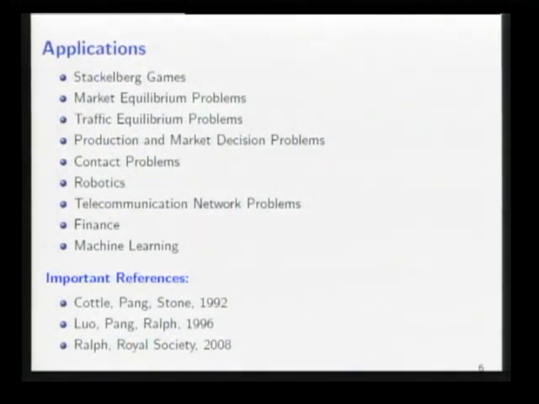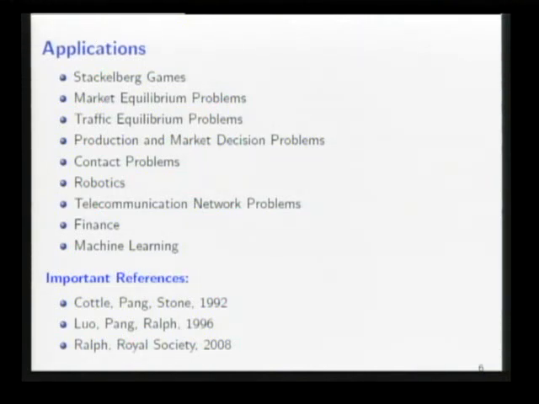All these problems have just been formulated as pure MPLCCs, like games, market equilibrium problems, traffic equilibrium. Whenever you have equilibrium, you have complementarity, most of the times. Okay, so production and market decision problems, contact problems, that's a very important application. Robotics, telecommunications, I'm from a telecommunication institute.